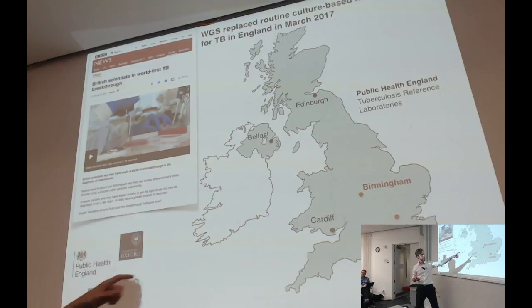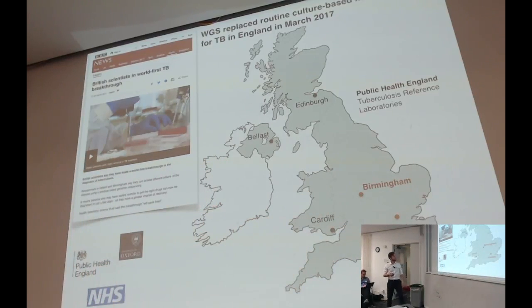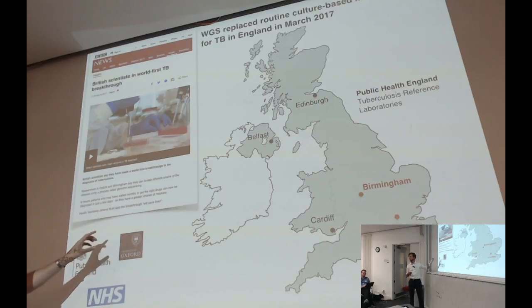That's happening at the 2 TB reference laboratories in Birmingham and London. And this is the first time this has happened anywhere in the world. I think it shows how the UK can do these things quite well sometimes, because we have people in the group who have roles within Public Health England, the NHS and the university, and we can move quite quickly on this.